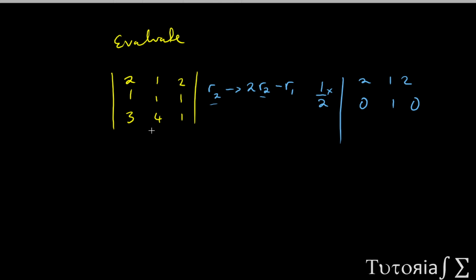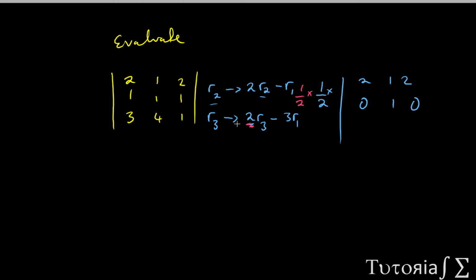Okay, so we can do the same for row 3. We can say row 3 changes to 2 times row 3 minus 3 times row 1. So we are only allowed to use row 1. So again, we've introduced a 2 to the row that we are transforming, so again, times 1 over the constant we've introduced.